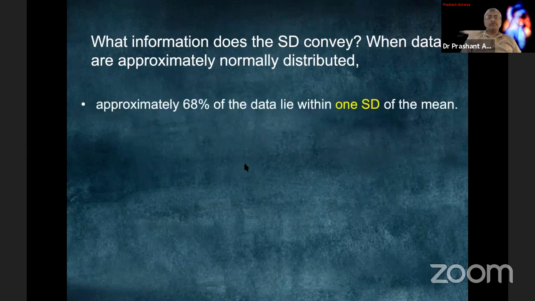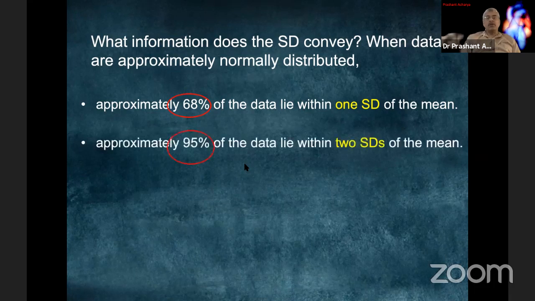So basically, what does this standard deviation convey to us? When data is from the 50th centile, when we consider one standard deviation on the plus and the minus side, this is going to cover approximately 68% of the data overall. So from the median, 34% on the right side and 34% on the left side, one standard deviation is going to cover.